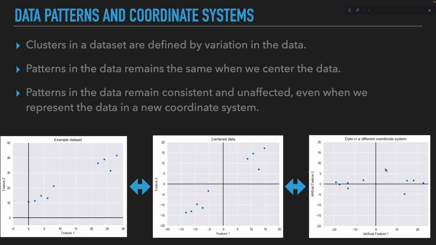So the variance in the dataset is preserved, the relationships are preserved, but something is different, and what is now different is the meaning of the x and y axes. Obviously, the x and y axes do not represent the same thing they used to represent in the beginning. So we could transform the data, make it look different, and again preserve all the variation, all the patterns in the data, and the only thing that would be different is the meaning of our axes.